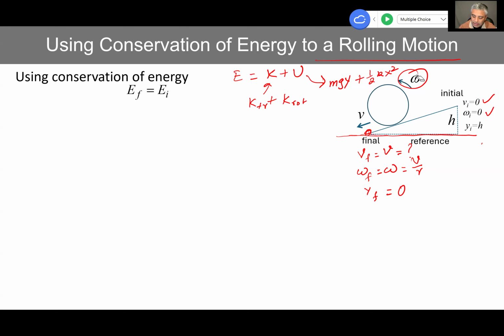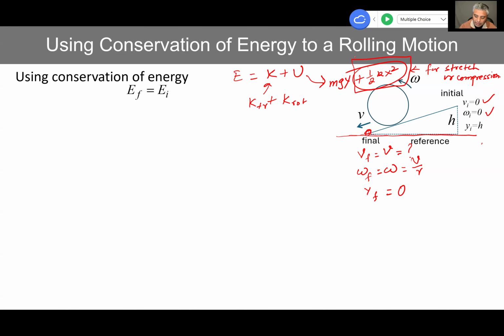Elastic potential energy comes into effect only when something is being stretched or compressed. That kind of thing is not happening here, so we don't have to worry about it.